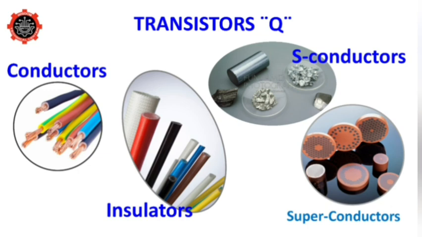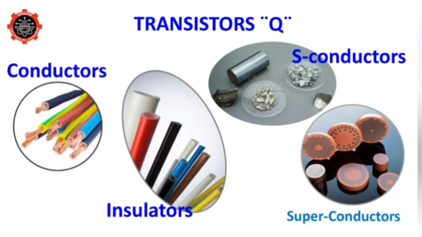Elements with 5 or more electrons at their valence, or outermost shell, make a good insulator. And those elements with 4 electrons at their valence shell make a good semiconductor.